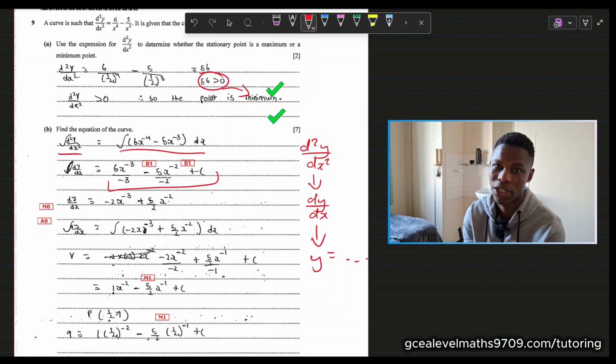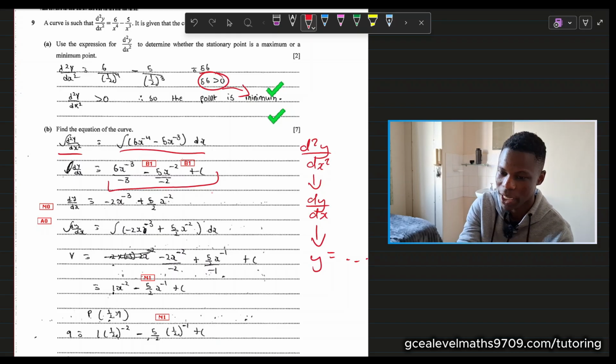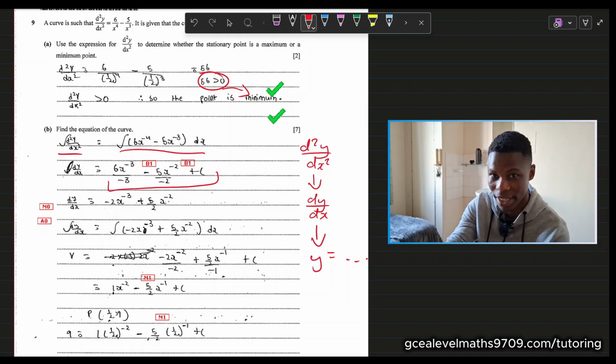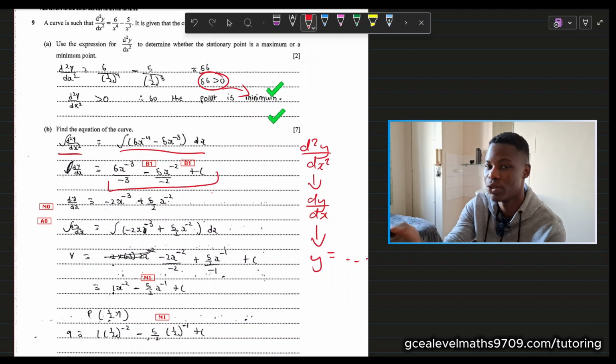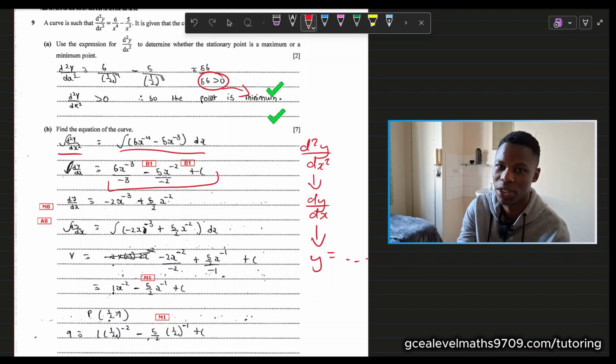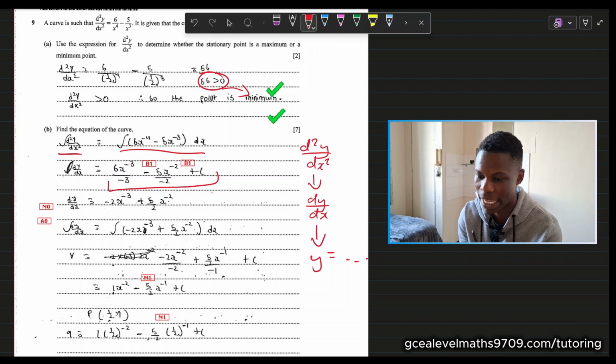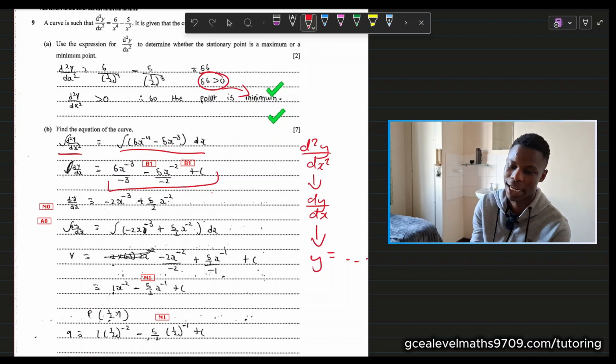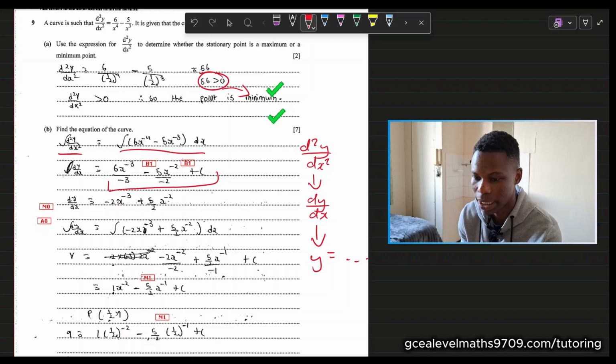And then A marks, those are accuracy marks. So after you carry out a method, right, a method mark, you might use the wrong numbers, but as long as you've used the correct method, you get those method marks. But after that, if you get the correct answer, then you get an accuracy mark. So those are the A marks that you're seeing. So if it's not accurate, then you don't get the accuracy mark.